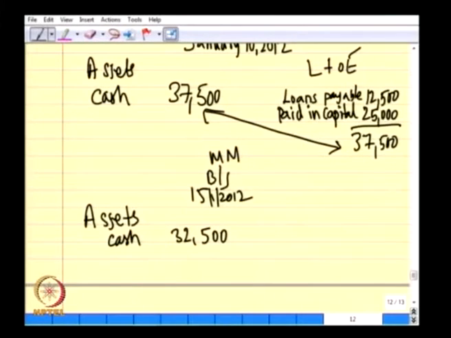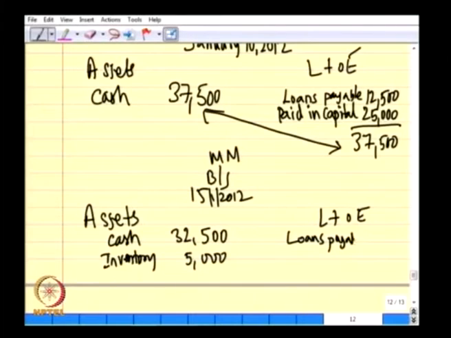Where is the second impact? Because I paid this cash, I got inventory worth 5,000. Now, has this transaction altered my liabilities plus owner's equity? No. My loans payable, paid in capital remains unaltered.